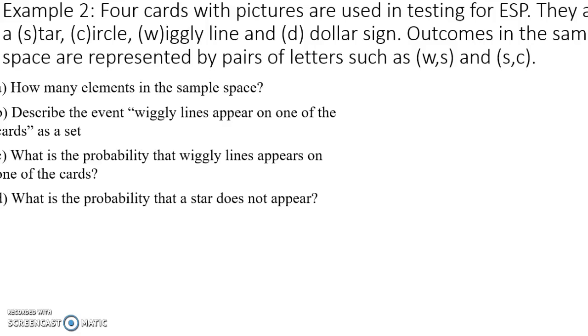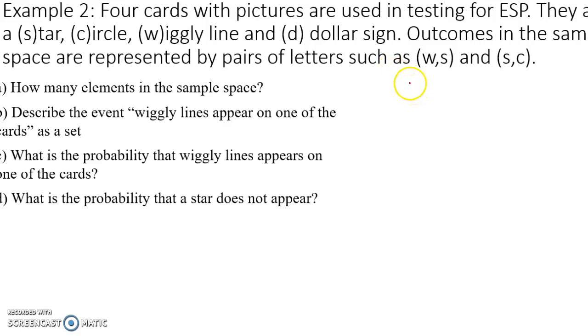So the first thing we need to know is how many elements are there in our sample space. And let's see, I'm going to list those. Well, first let's count them. There are 4.